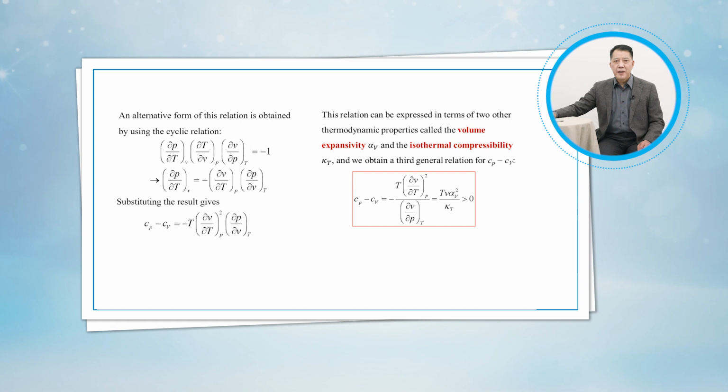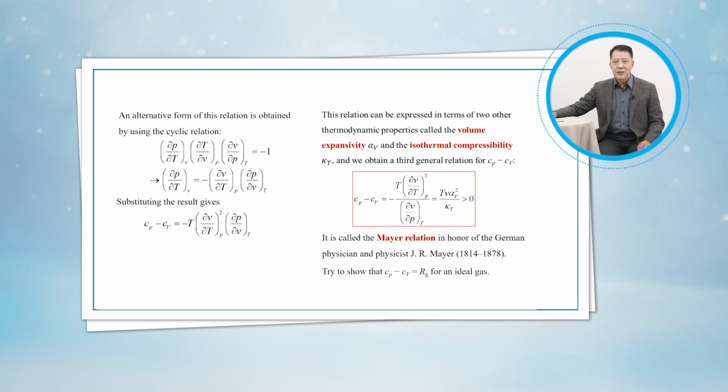This relation can be expressed in terms of two other thermodynamic properties called the volume expansivity and the isothermal compressibility, and we obtain a third general relation for Cp minus Cv. This is called the Mayer relation in honor of the German physician and physicist J.R. Mayer. For an ideal gas, try to show this relation.